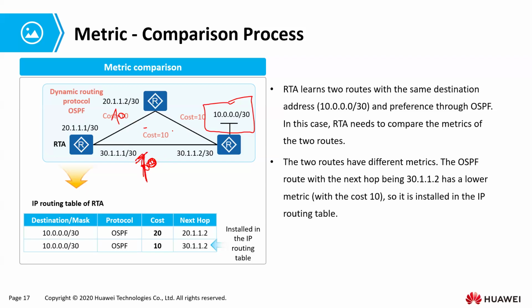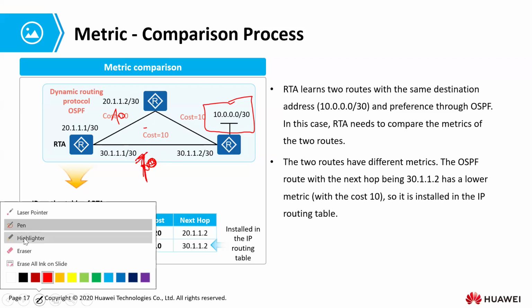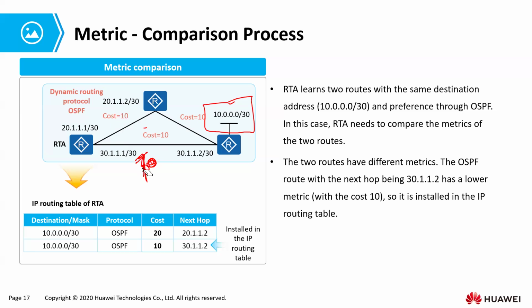So cost in this case has more to do with the bandwidth. If we are talking about cost with respect to OSPF, we usually talk of the bandwidth. So looking at the cost, the one put here is 10.